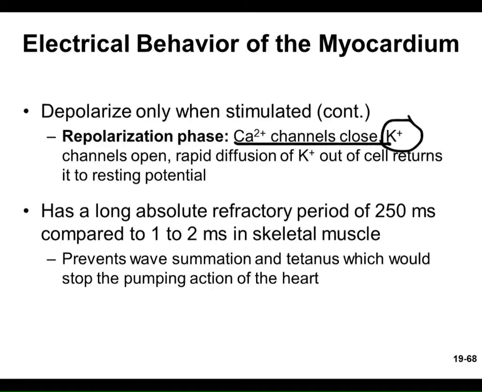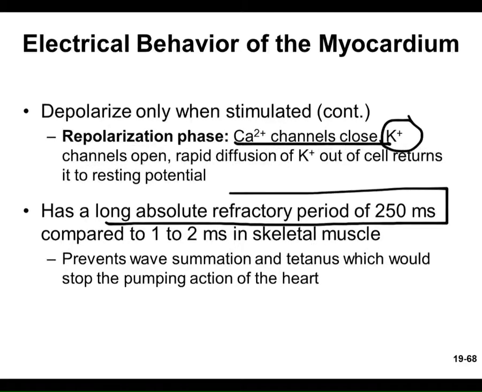Therefore, there is in cardiac muscle a long absolute refractory period of 250 milliseconds. Well, that's only a quarter of a second, right? But that's a really important quarter of a second. Skeletal muscle only has a refractory period of 1 to 2 milliseconds. Remember the stair-step effect?